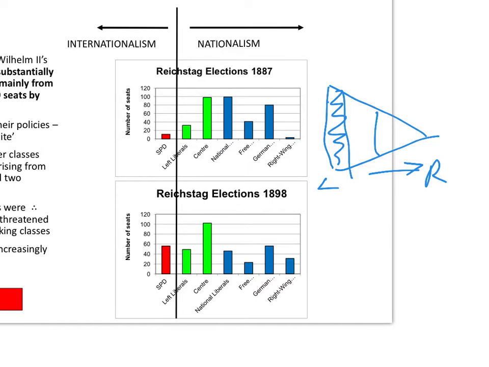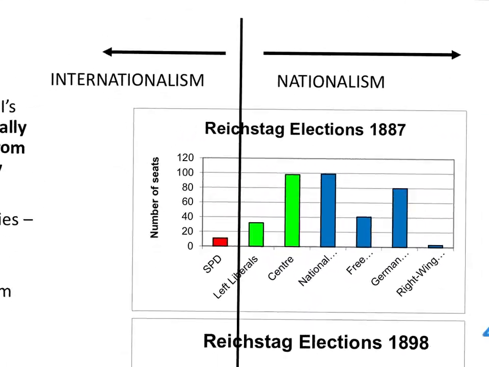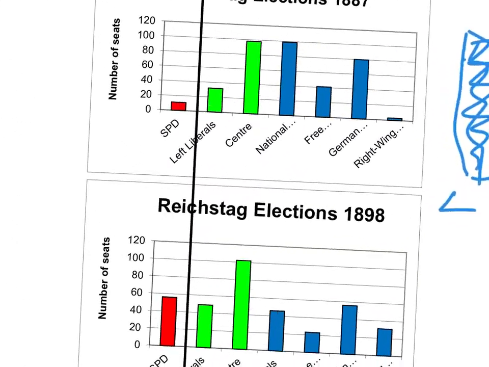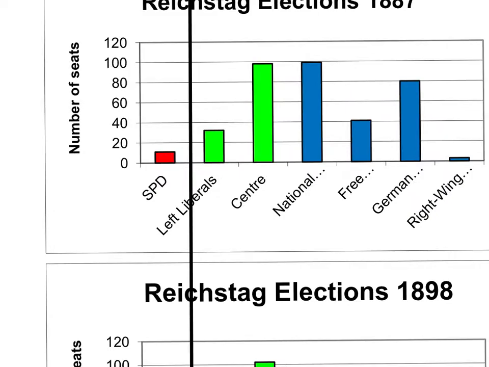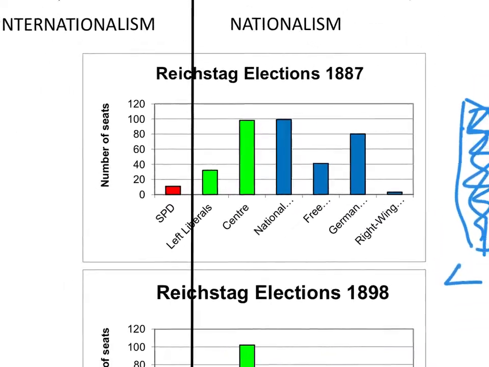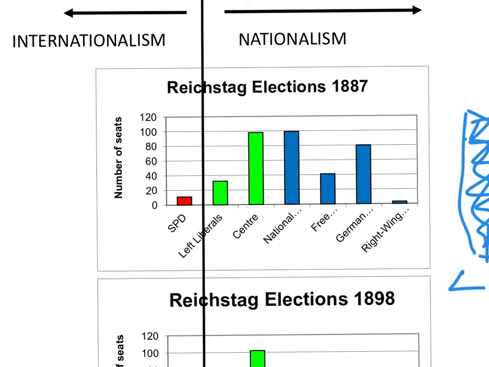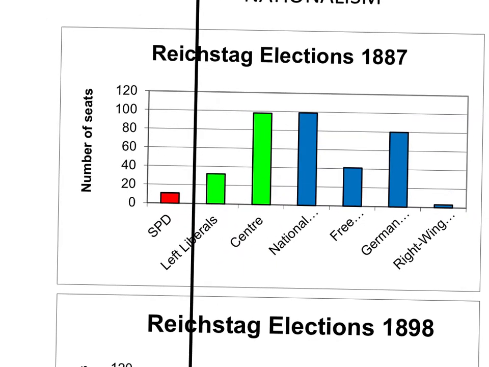So the workers on the left of politics support socialism, which is international. So there's internationalism represented by the SPD. And in 1887, the forces of internationalism, the forces of socialism, are relatively weak.